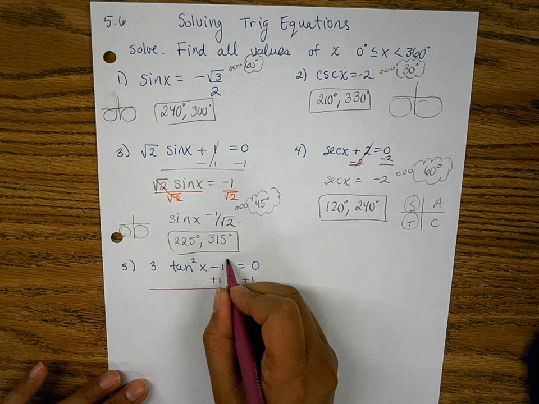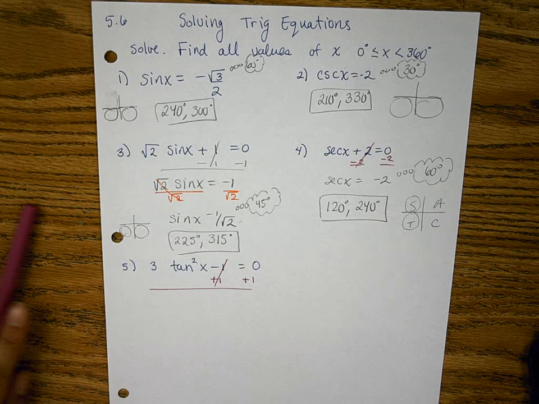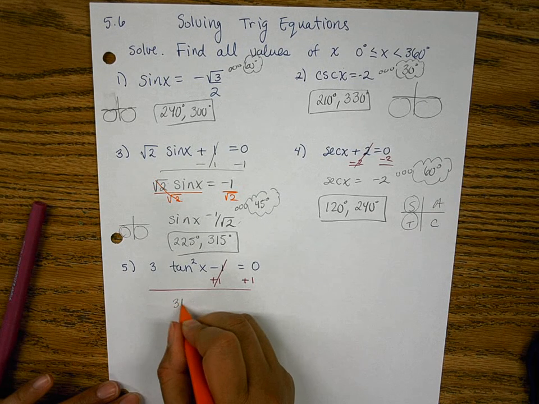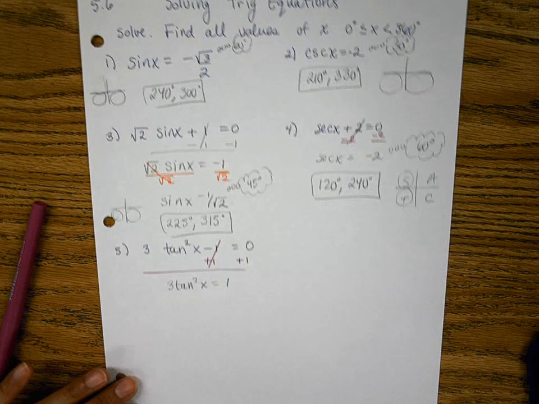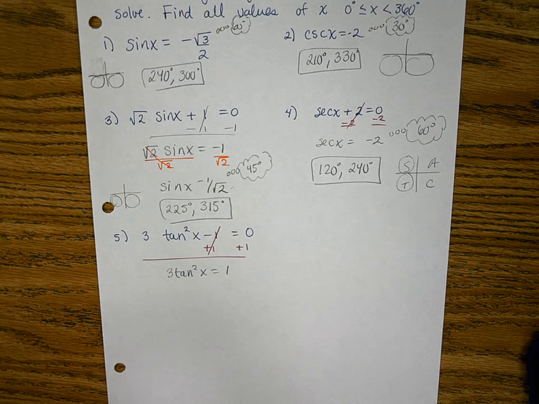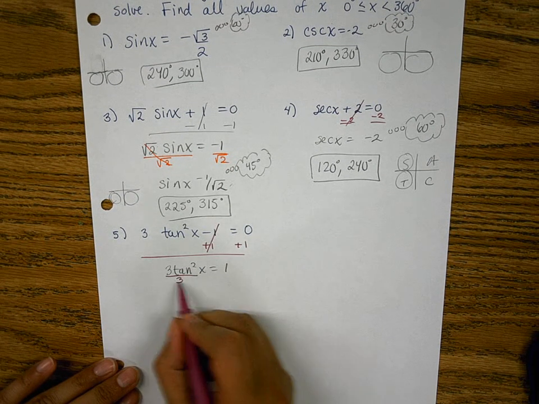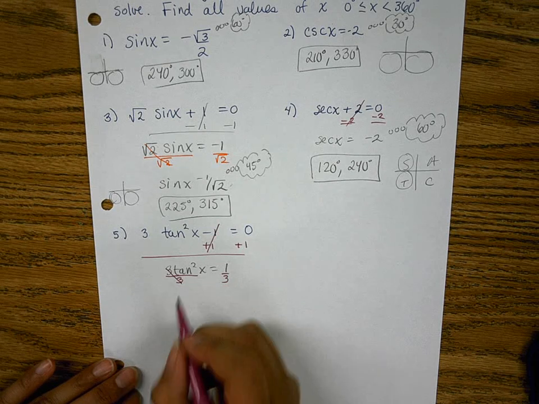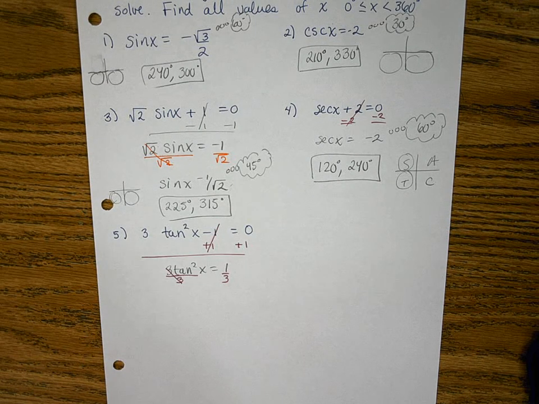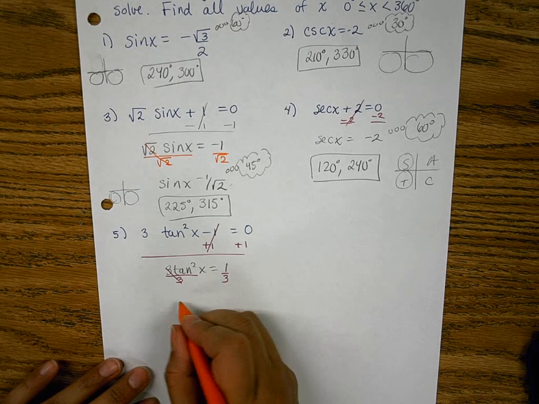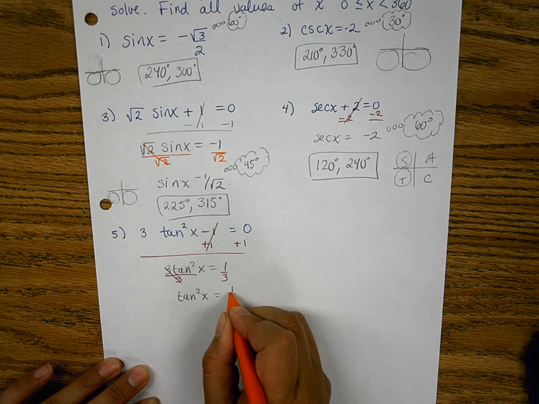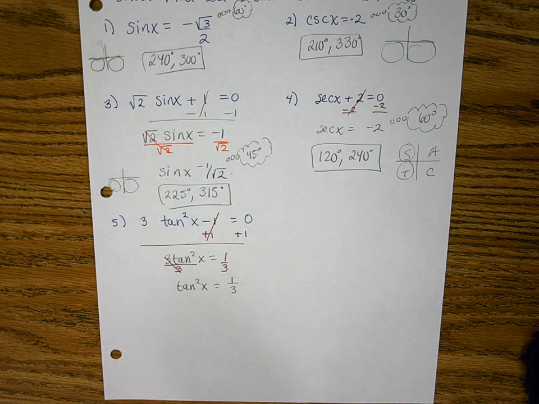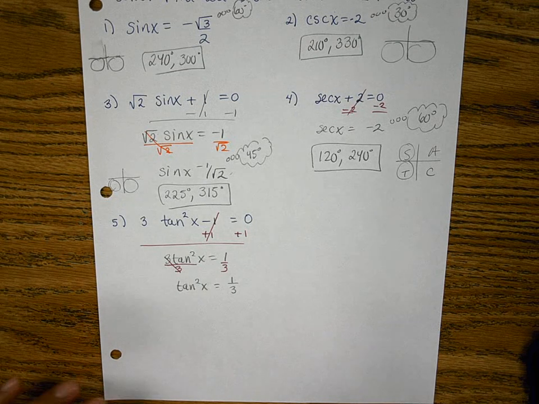Okay, your basic solving steps, you're going to add 1. 3 times tangent squared x equals 1, divide both sides by 3, tangent squared of x equals 1/3.